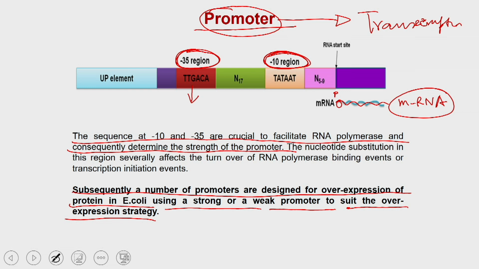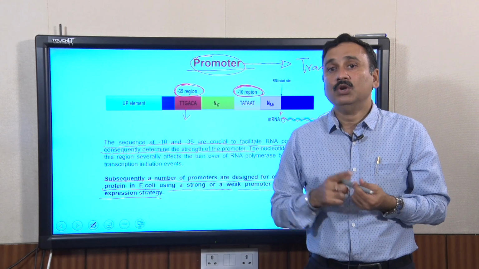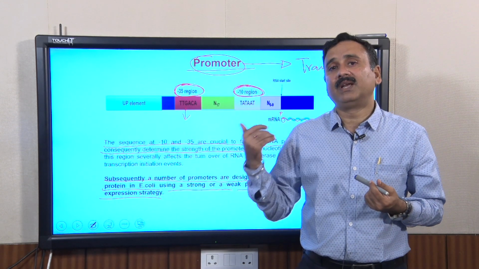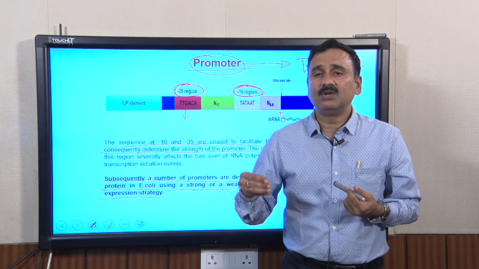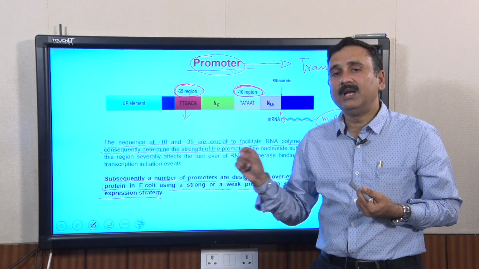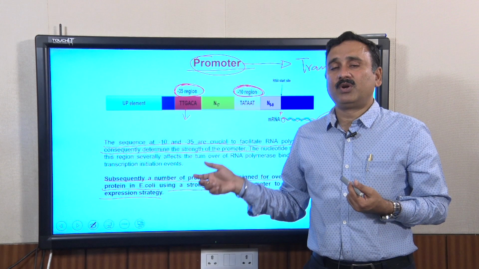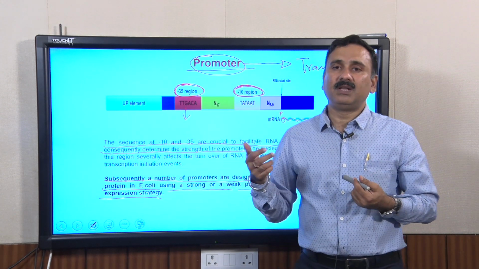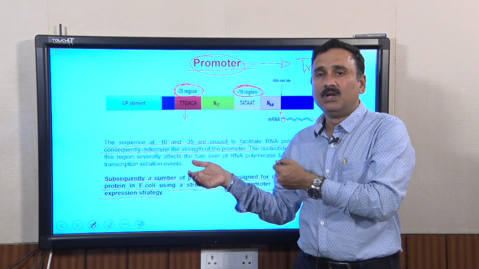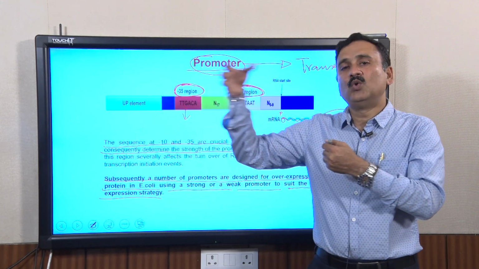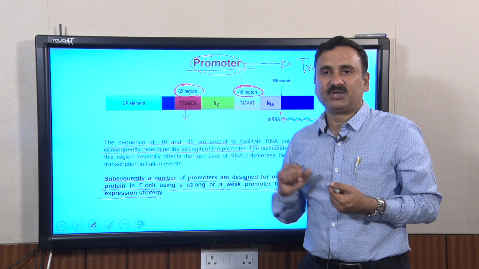In some cases it is not essential that you use the strong promoter. In some cases you prefer to use the weak promoter, because the advantage of a weak promoter is that it lowers the protein production, giving more time for the protein to get folded. For example, suppose you are trying to overexpress a eukaryotic protein in E. coli as an expression system.